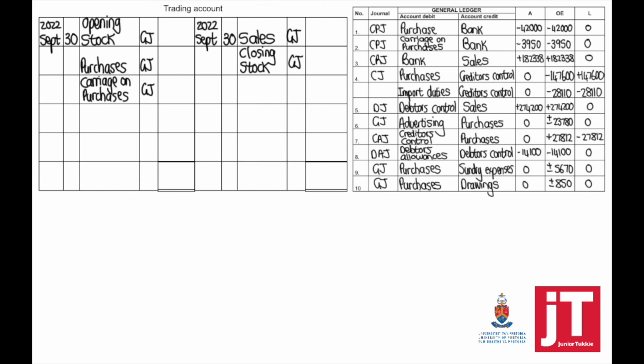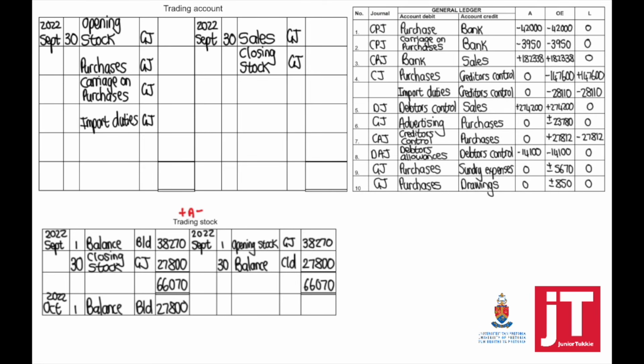Any additional cost in getting that trading stock will be added. On the credit side, we would always have sales and a reminder, debtors' allowances must be closed off to the sales account. And then we'll have our closing stock. Make sure that you study the trading account with a periodic inventory system.